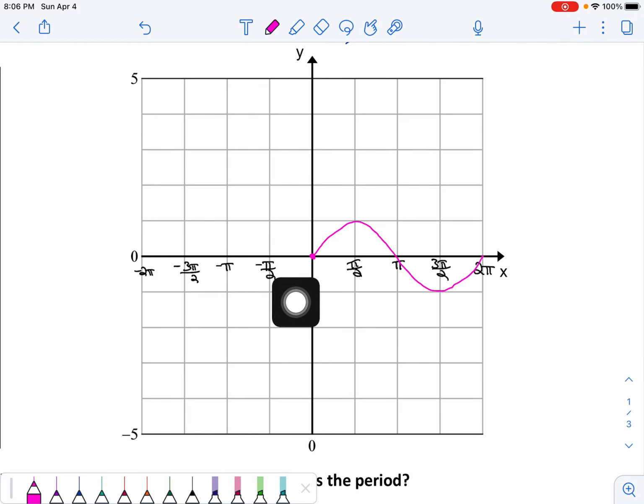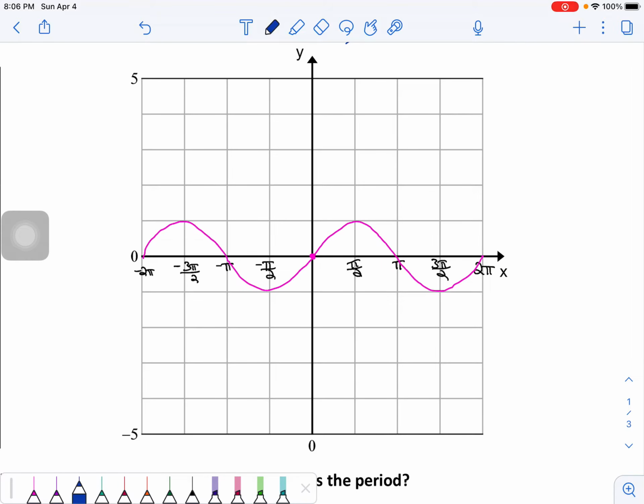Now I can see this graph is coming down, so it's going to continue down to the minimum. It's going to bounce back up to the midline, and then curve over. So let's go ahead and do that. So down to its minimum, midline, maximum. All right, so there's a rough sketch of my sine curve.